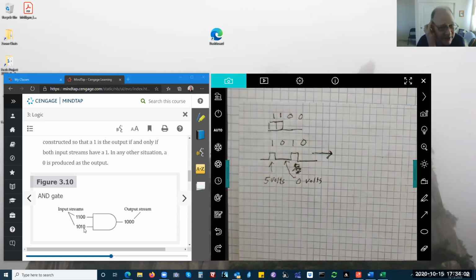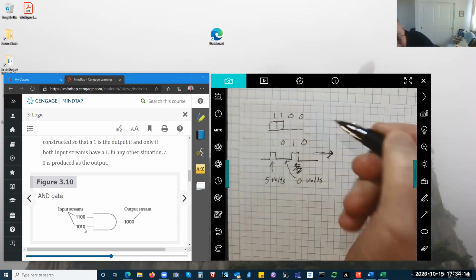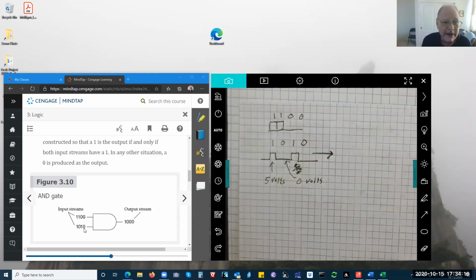You have this other signal coming along, and the clock's real good, so they stay lined up in time. So this digit and this digit arrive at their destination at the same moment.